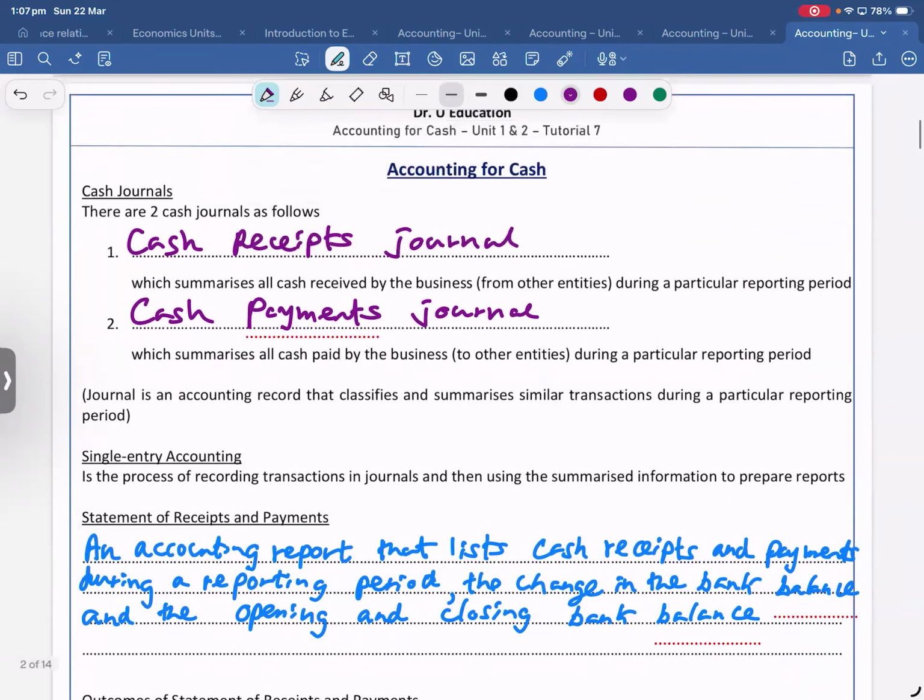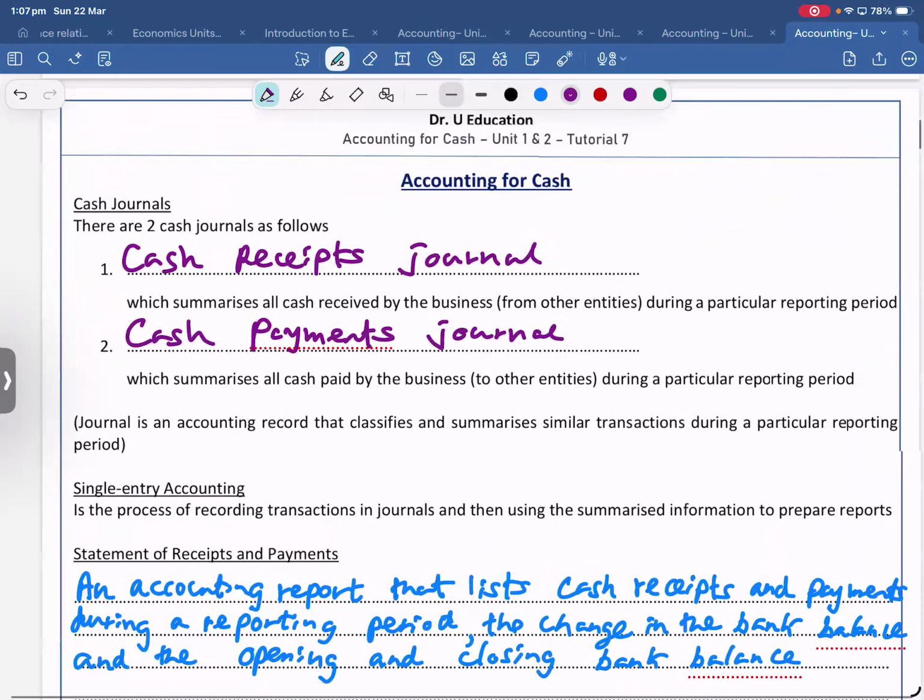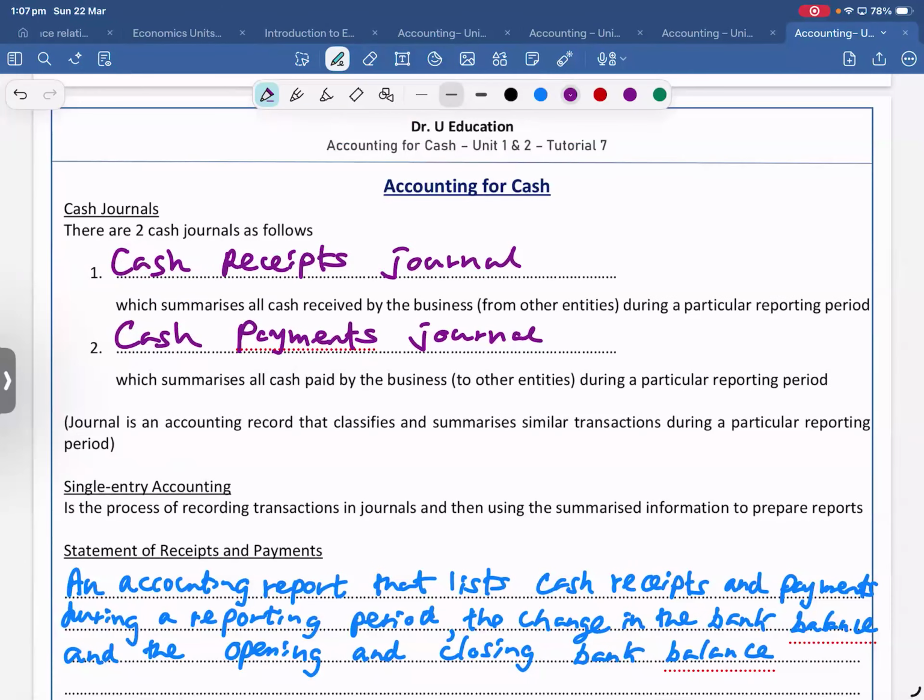Okay. Right. Now today we are going to do two records called cash receipt journal and payments journal. So cash receipt journal means I think you can understand by its word itself. Cash receipts. We are receiving cash from different sources.